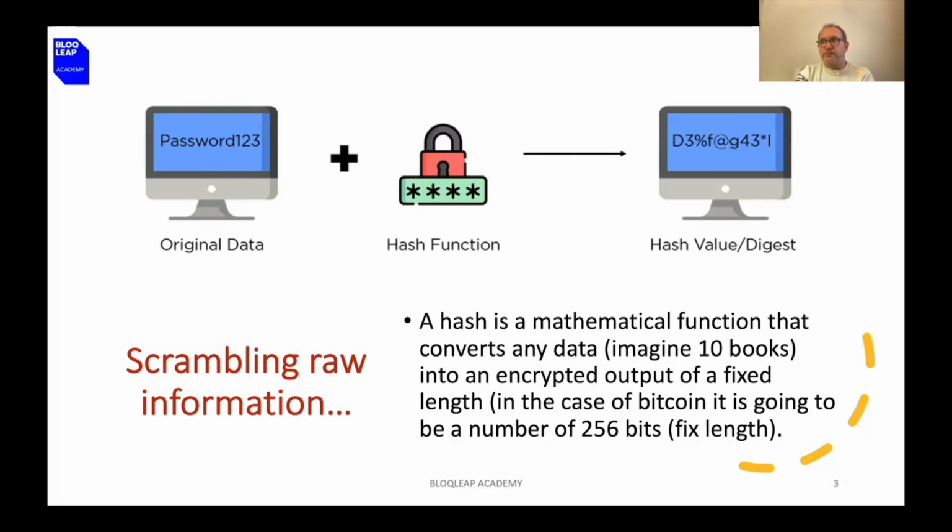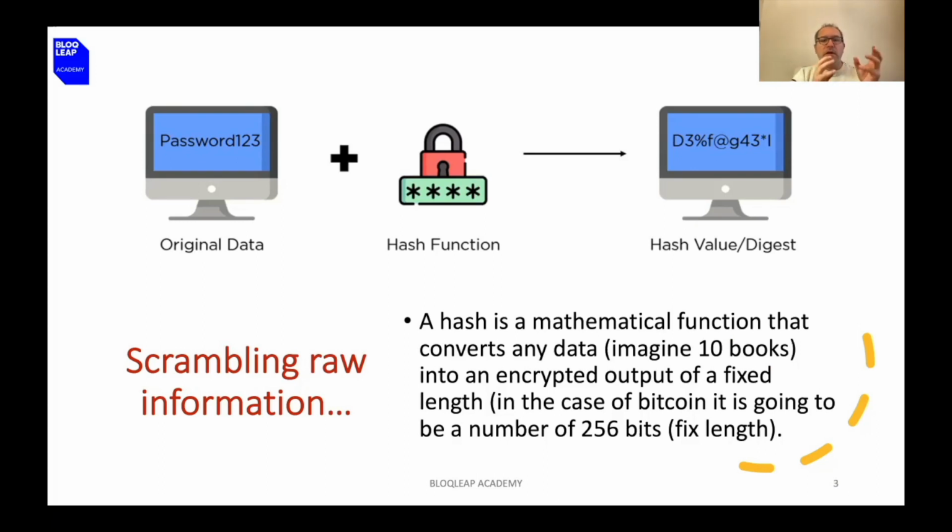All right, and then you have to remember what we said before, that hashing is always a one-way function, meaning that you can't go back. Once the hash is done, when you've got the hash value, it's impossible to go back and find the original data.